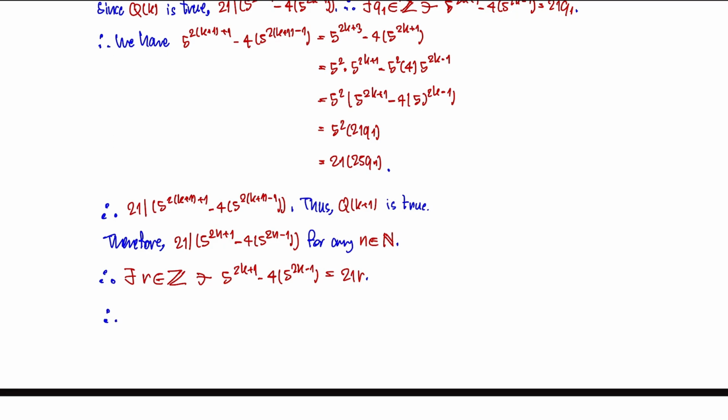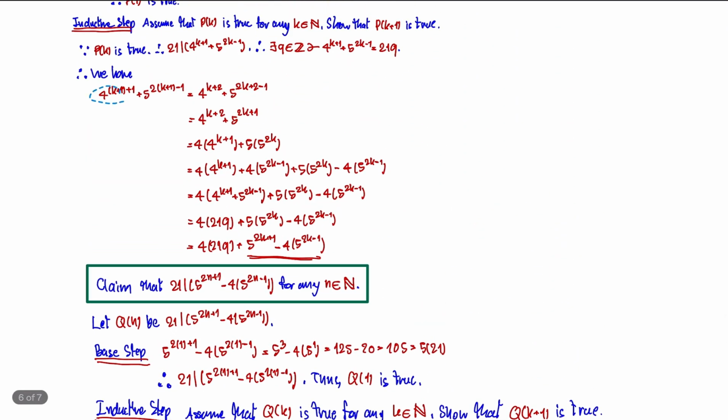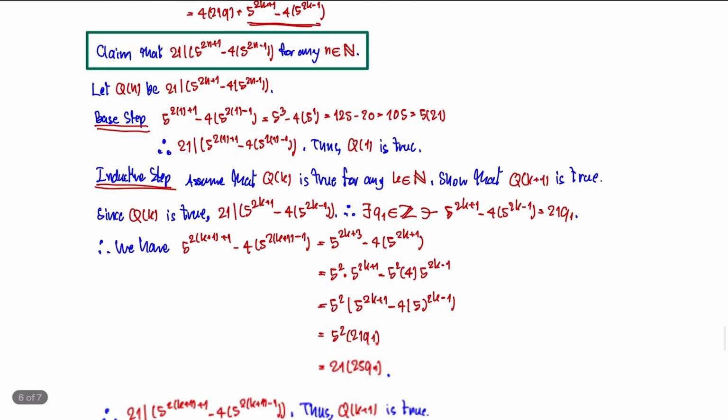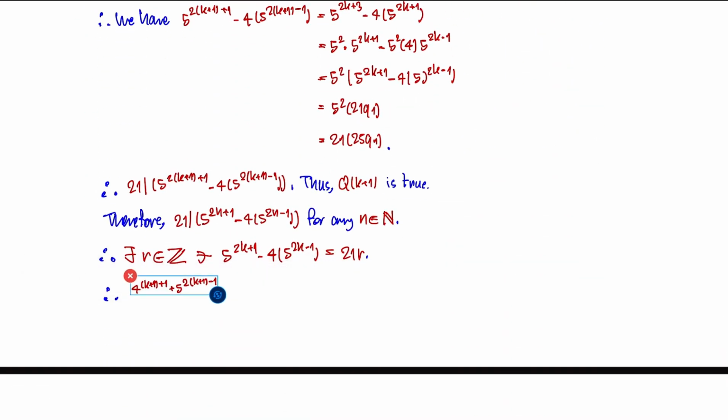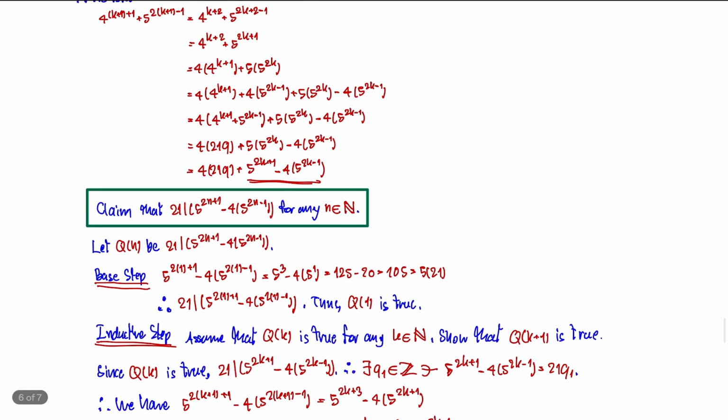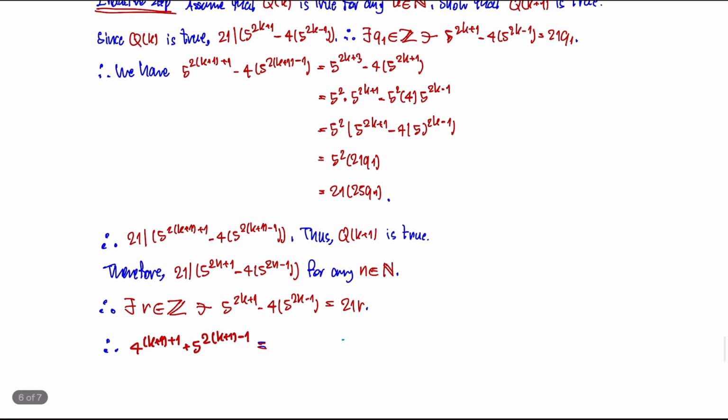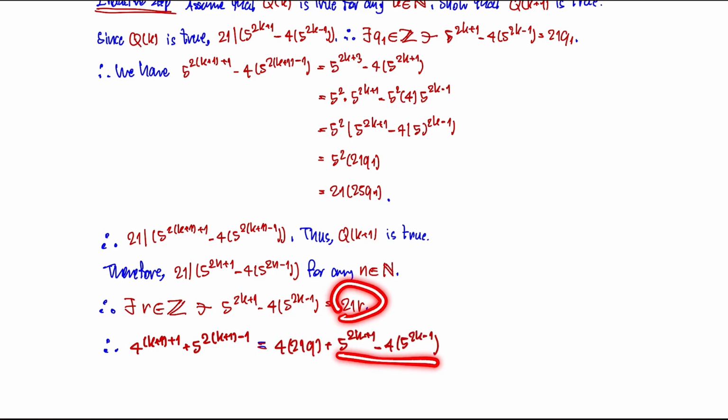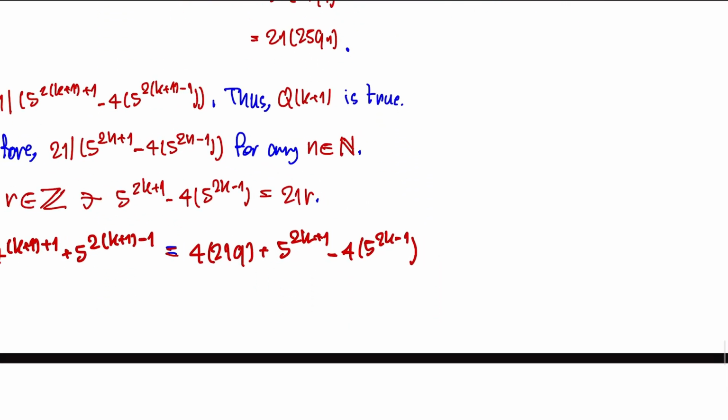Therefore, from this term, we go back to the problem we want to solve here. It's equal to this one here, and this term turns out to be 21r. Then it turns out to be 4 times 21q plus 21r. So we have 21 times (4q plus r).